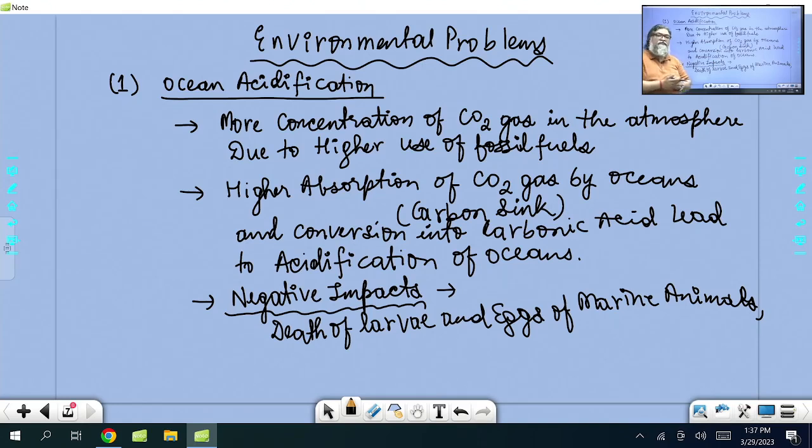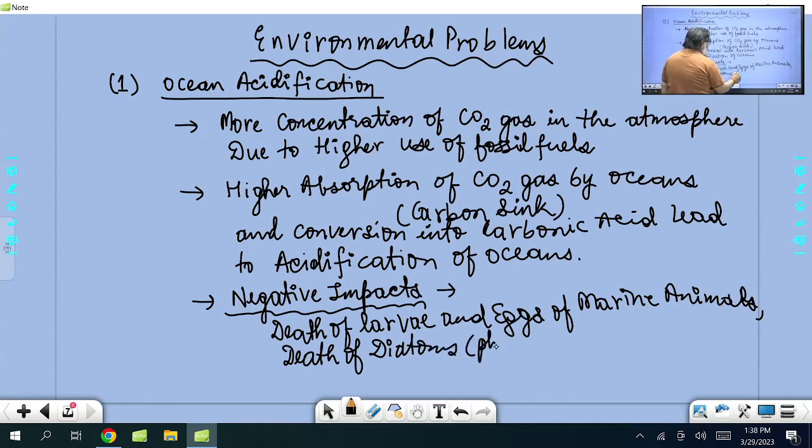The larvae or eggs will die because of the acidic nature of the water. They will not be able to tolerate that acidity level. Then again, it can also result in the death of diatoms or phytoplankton. They will also be affected because of the acidic nature of water.